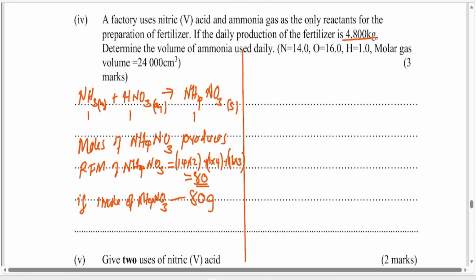I'll ask myself, what about 4,800 kilograms? But I'm using grams, so I multiply by 1,000. So 4,800 times 1,000 grams is equivalent to what?